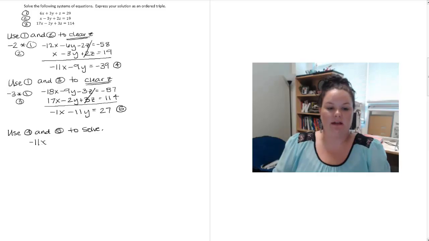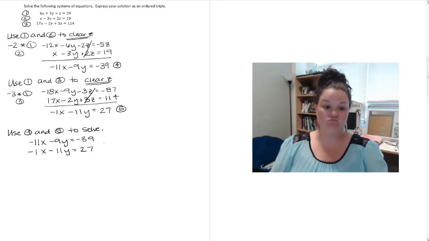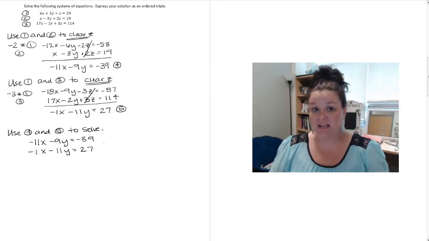So I have negative 11x minus 9y equals negative 39. And then I have negative 1x minus 11y is equal to 27. So now that I have these written, which one do you think would be the easiest to clear? Probably x's, right?